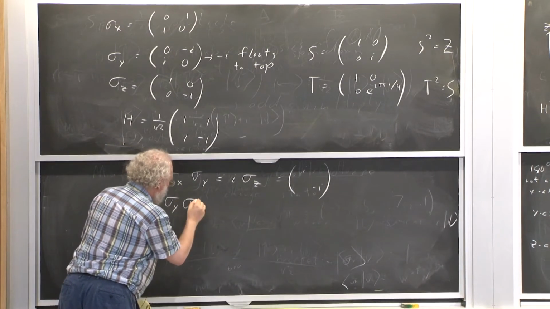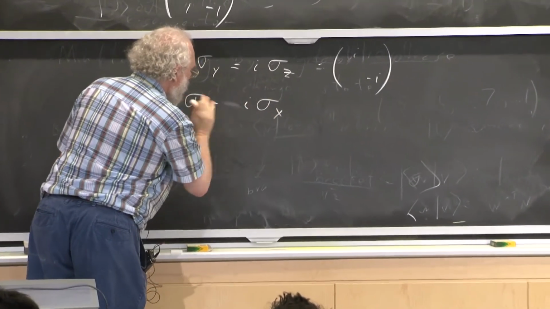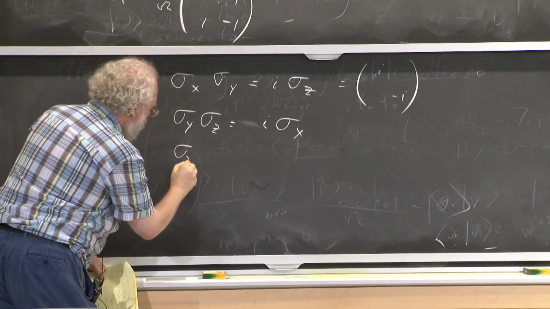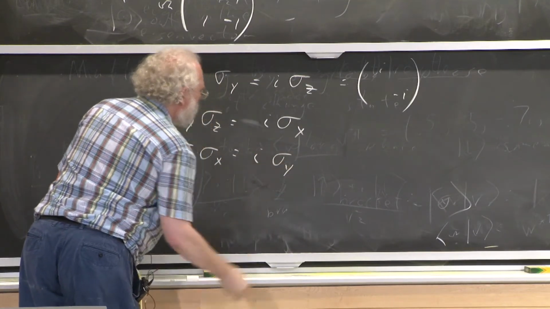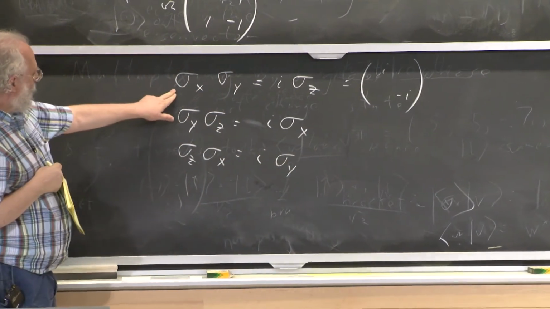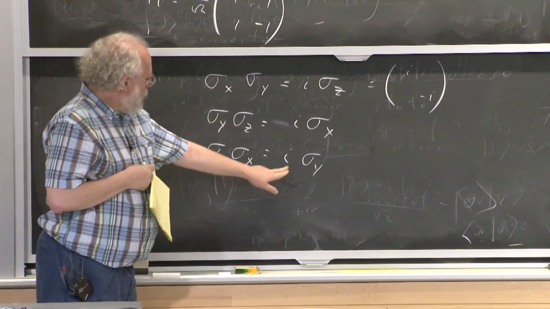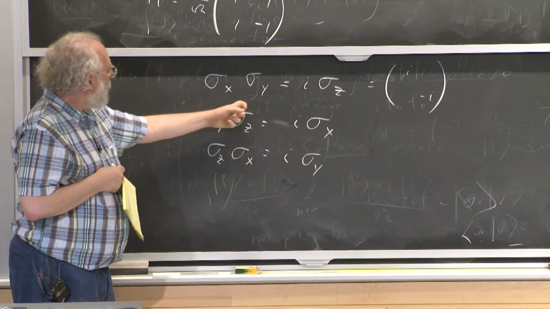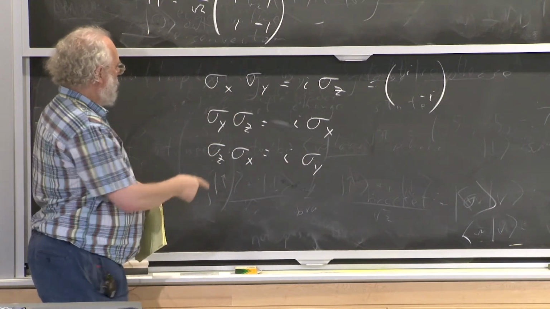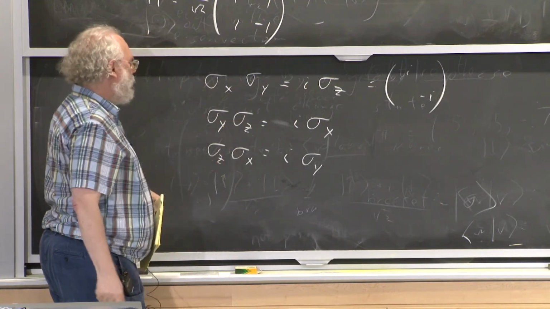And sigma y sigma z is equal to plus i sigma x. Sigma z sigma x equals i sigma y. So you multiply two Pauli matrices, you get an i times the third one, assuming you multiplied them x times y, or sigma y times sigma z, or sigma z times sigma x.